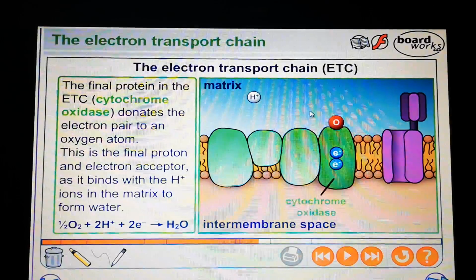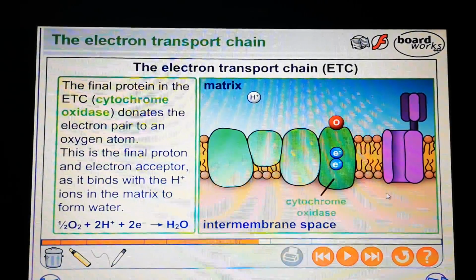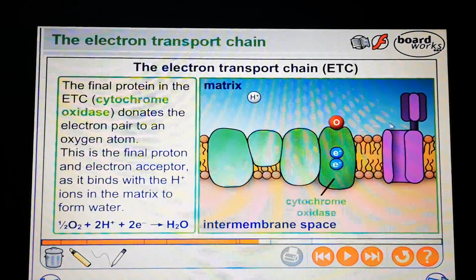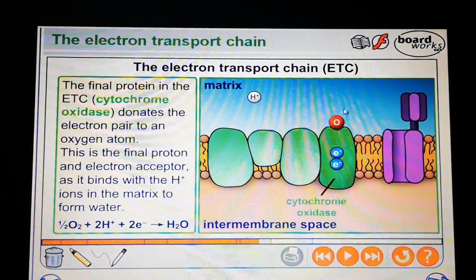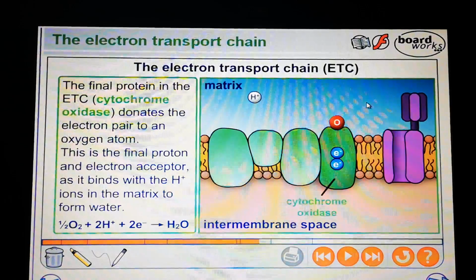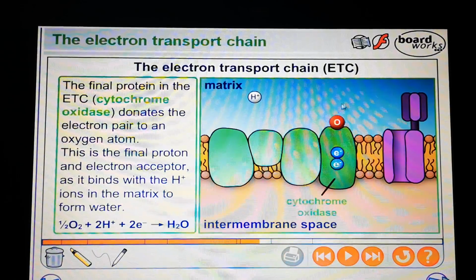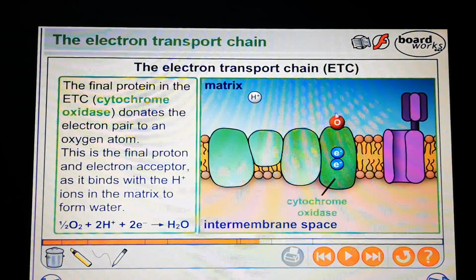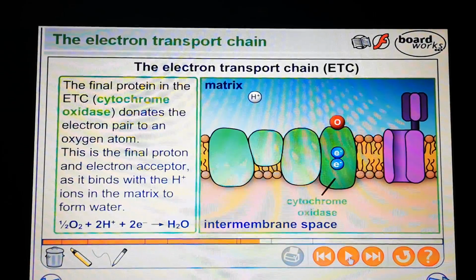So what will happen, we can see that you've got your protons that have come through here, and those protons will combine with these electrons to give you an atom of hydrogen, and then two of those hydrogen atoms will combine with the oxygen, therefore creating water, and that can be released.